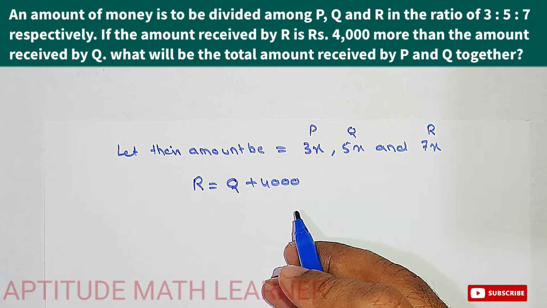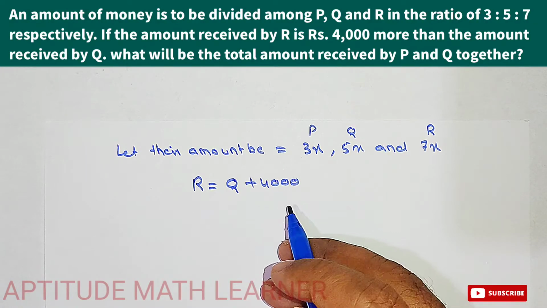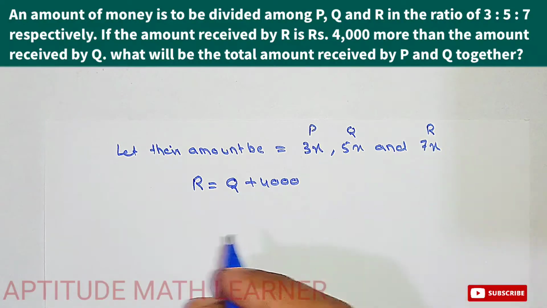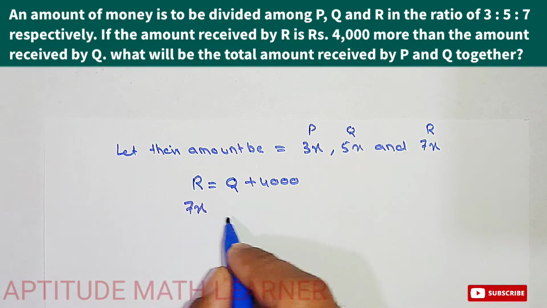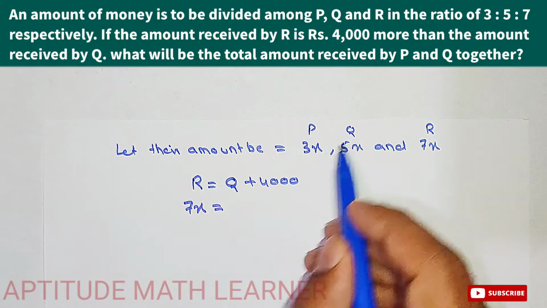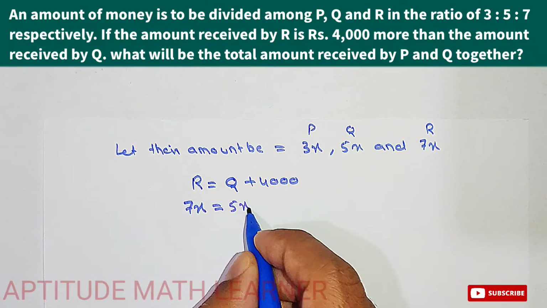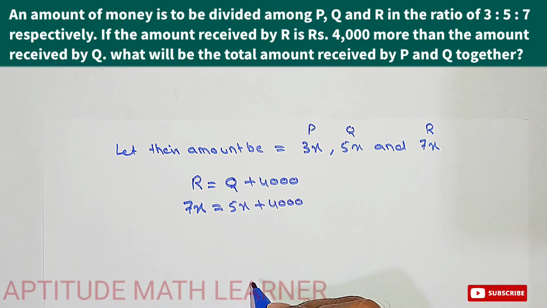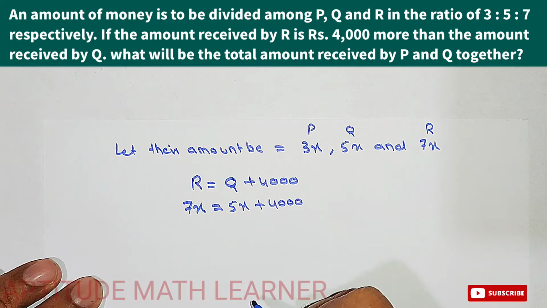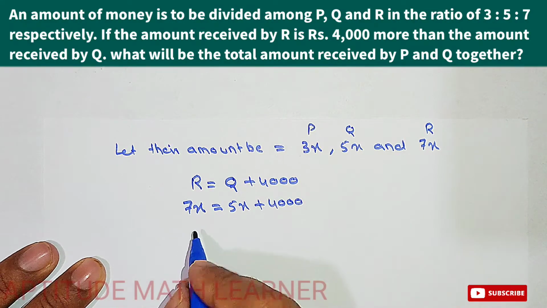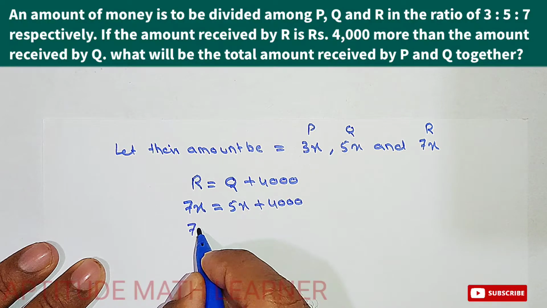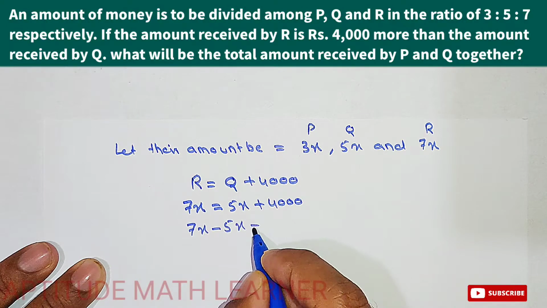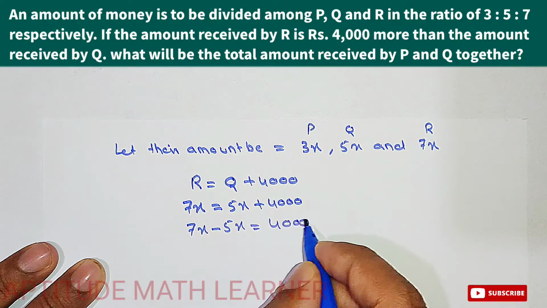So now we can find the value of x. The amount of R, that is 7x, is equal to the amount of Q, that is 5x, plus 4,000. I hope you have completely understood till here. So now this becomes 7x minus 5x is equal to 4,000.